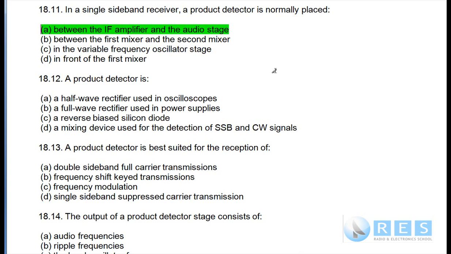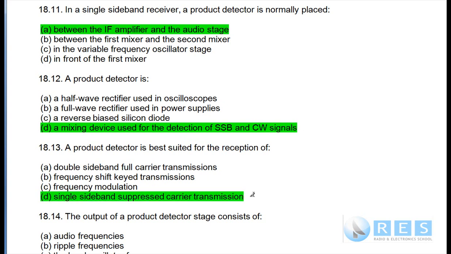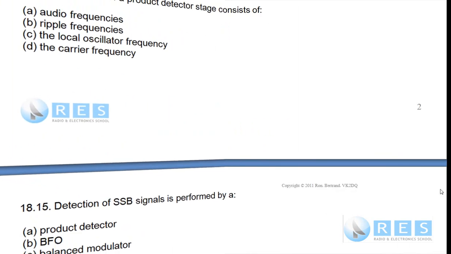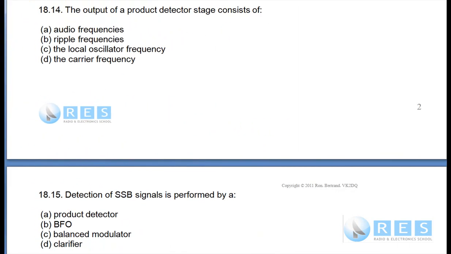18.12. A product detector is a mixing device used for the detection of SSB and CW signals. 18.13. A product detector is best suited for the reception of single sideband suppressed carrier transmission, and it's also useful for telegraphy as well. 18.14.